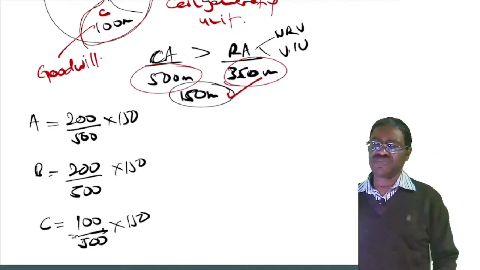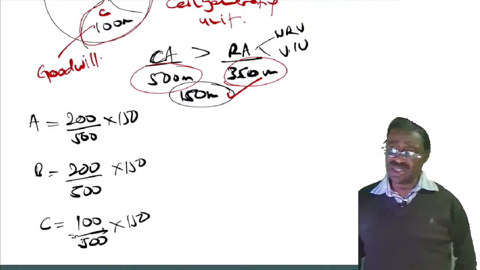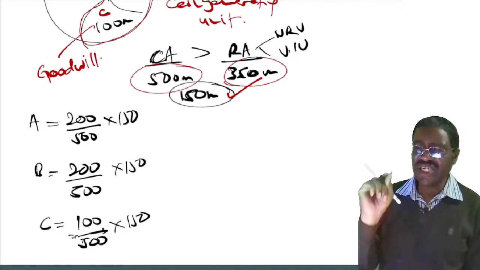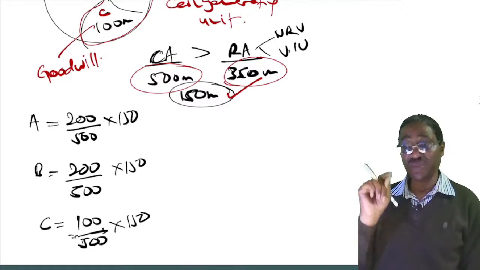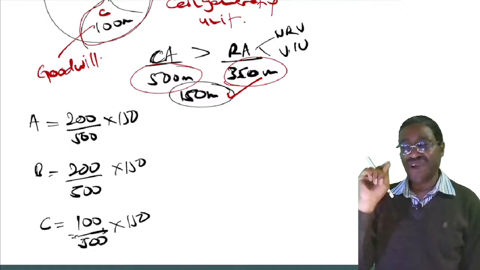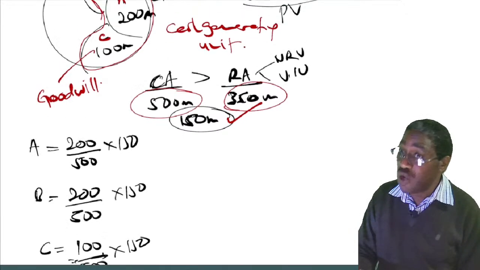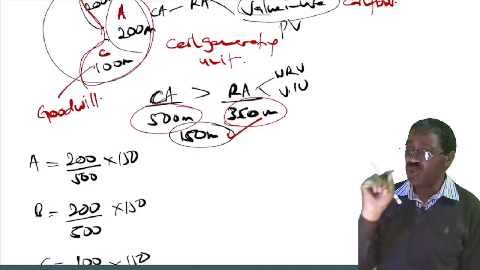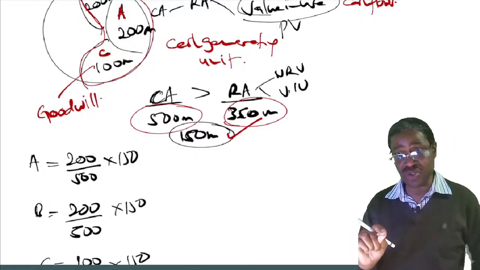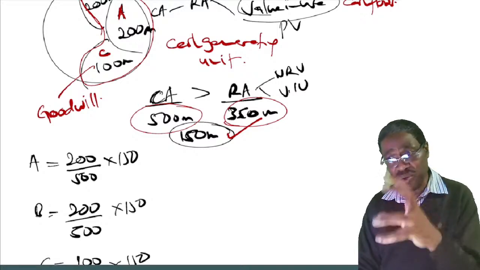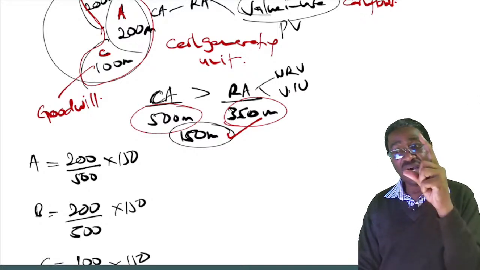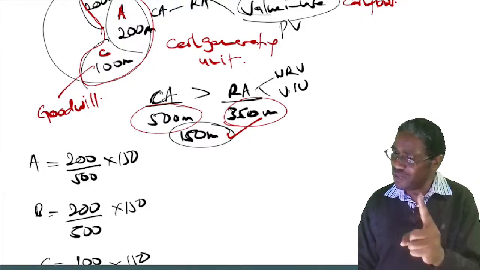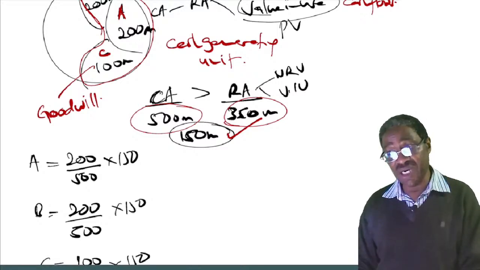I hope you remember when we were discussing this in the main class that we said if a cash generating unit to which goodwill belongs suffers an impairment loss, then that impairment loss should be written off in a particular order. I hope you remember that. That impairment loss should be written off in a particular order.